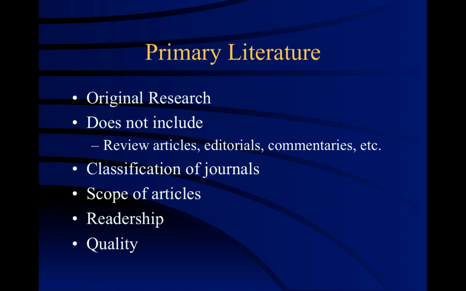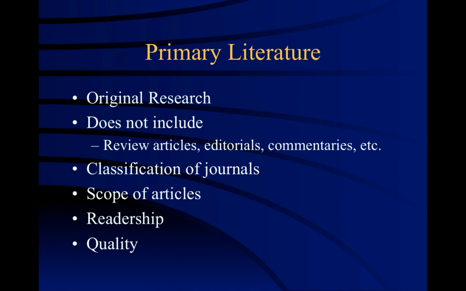Primary literature can be found in journals, and journals can be classified according to several criteria. These include the types of articles published, the scope of the articles, the readership, sponsorship or financial structure, quality, means of acquiring manuscripts, and editorial policies of the journal.